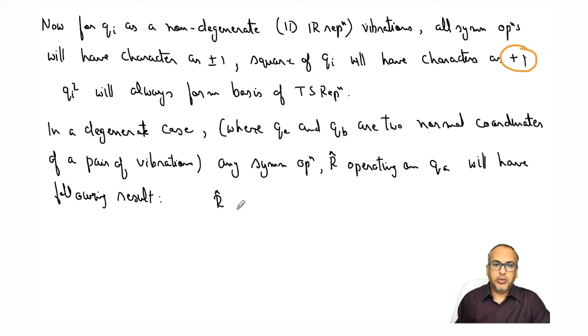So if you operate R onto QA, you will get a linear combination of QA and QB.